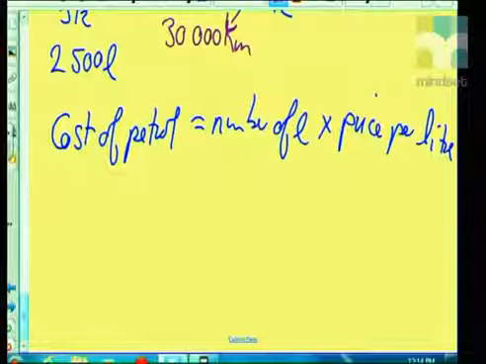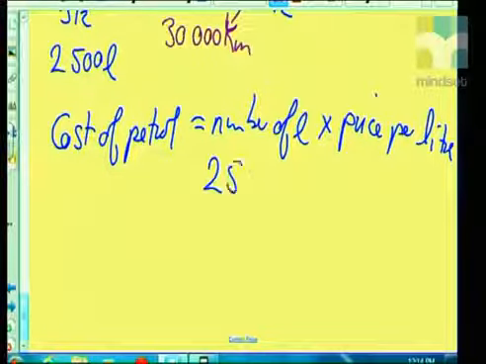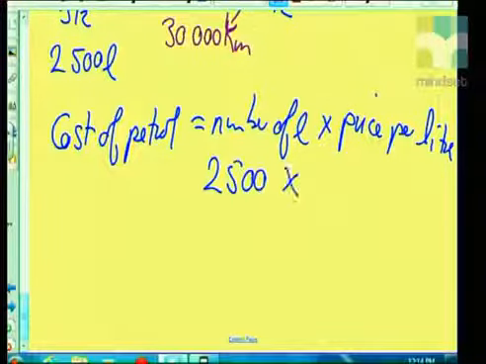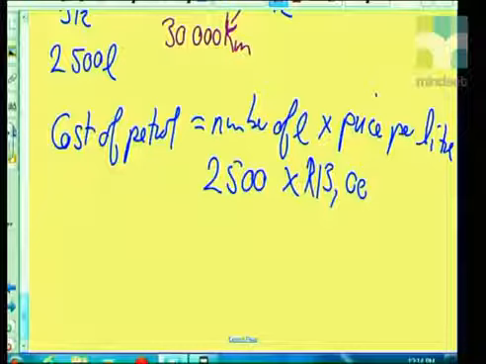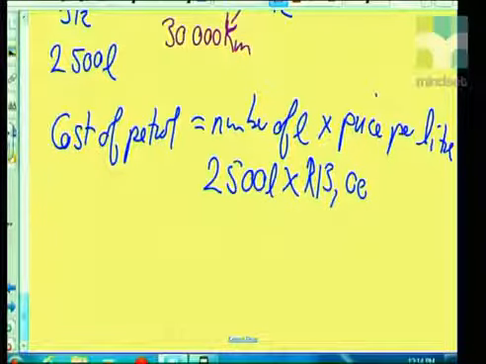And so we get 2,500 litres multiplied by 13 rand per litre.